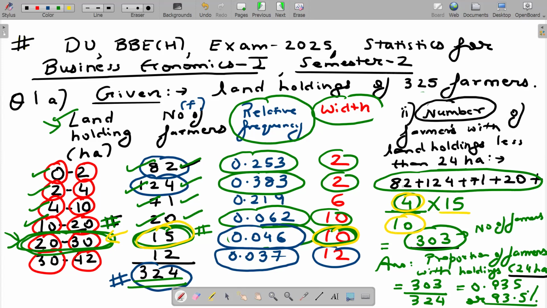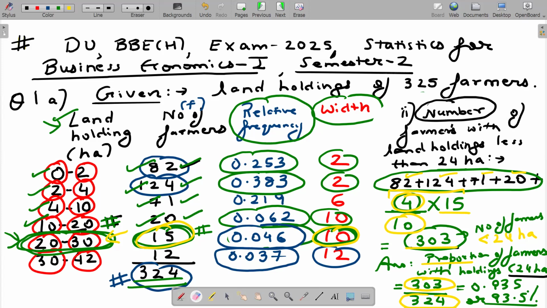When I add this and this, I get 303. These are the number of farmers having land holdings less than 24 hectares. How do I find the proportion? Number of farmers over total number of farmers, which is 0.935 or 93.5%.